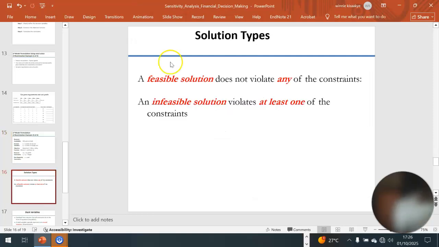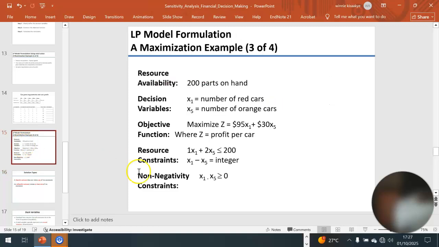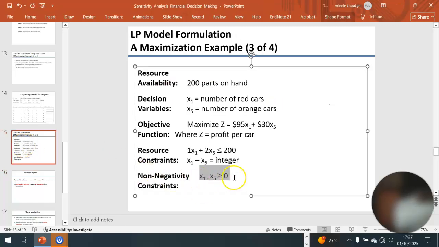Yeah, so we shall get back there when we start our calculations. So when we move to the solution types, in Solver we either get a feasible solution or an infeasible solution. A feasible solution is one that does not violate any of the constraints. An infeasible solution violates at least one of the constraints. You find a constraint like this: x1 to x5 should be greater than or equal to 0, but you find a solution in which some values are negative, so the constraint is violated.